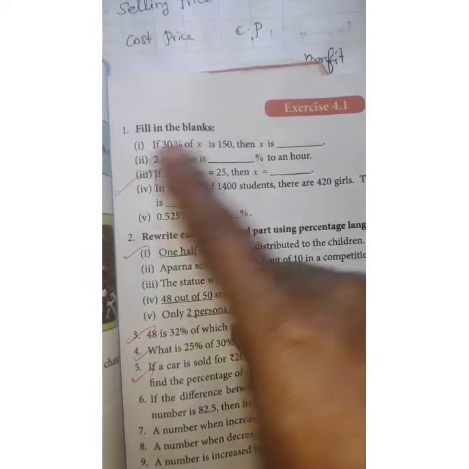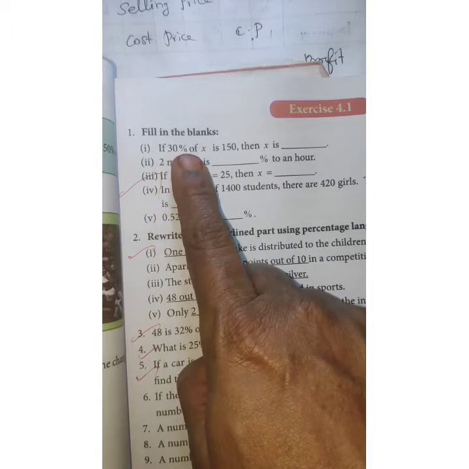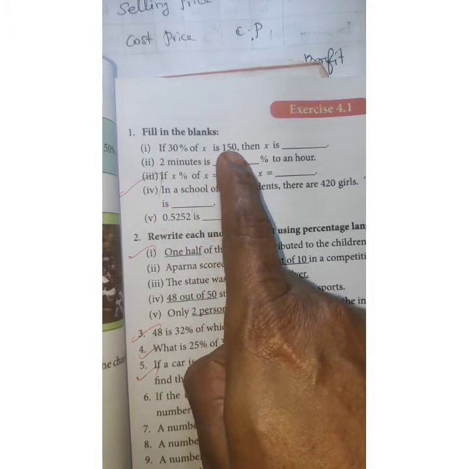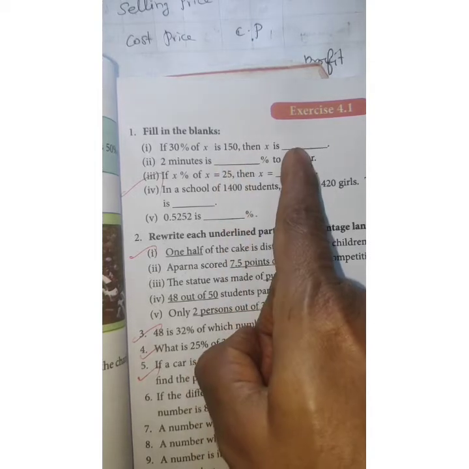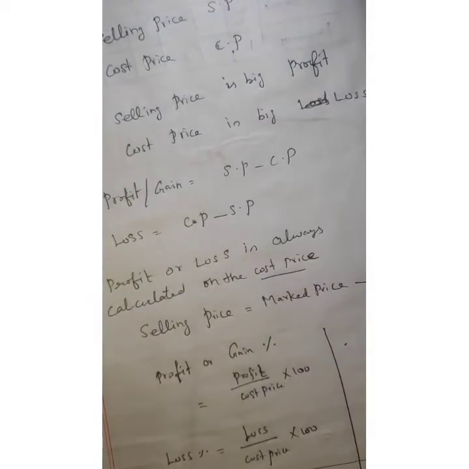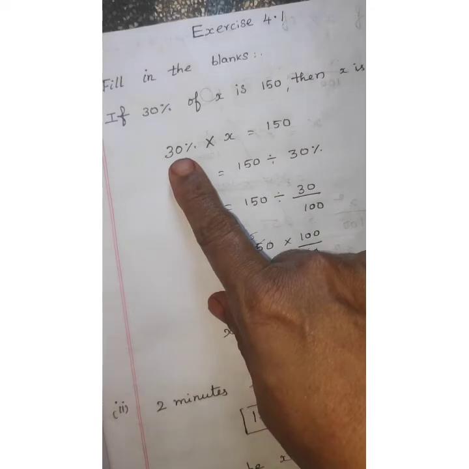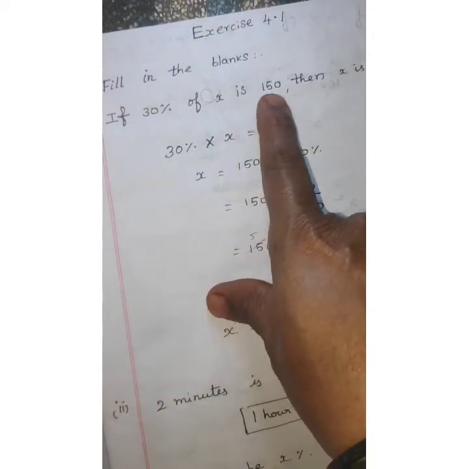Exercise 4.1, filling the blanks. First sum: if 30% of x is 150, then x is dash. The question is 30% of x is 150.